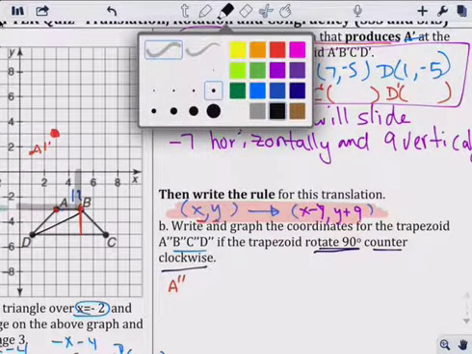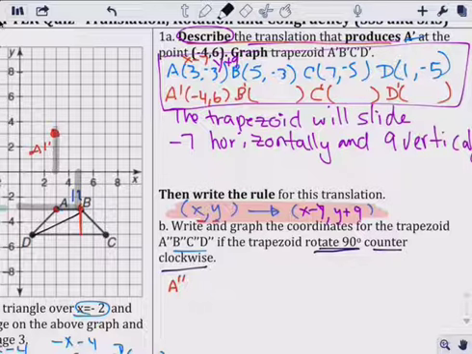It's going to stand up to right here, and that would be B double prime. If you look at it, it's standing up. It was laying down before.